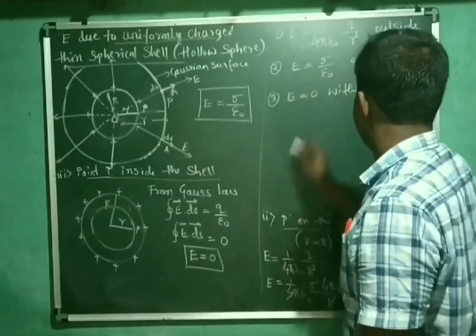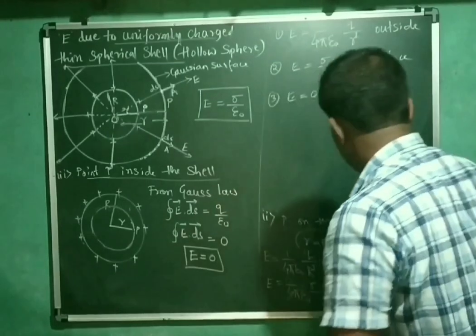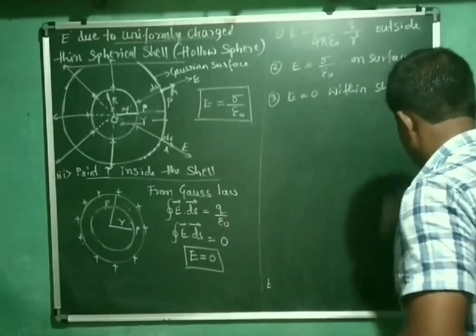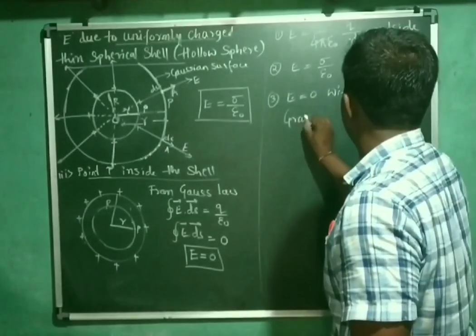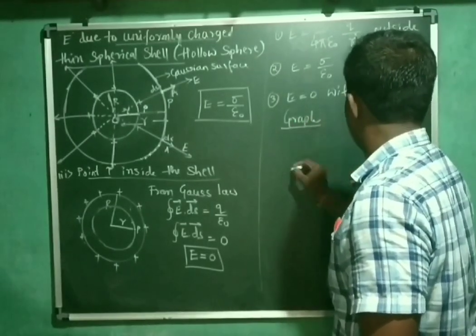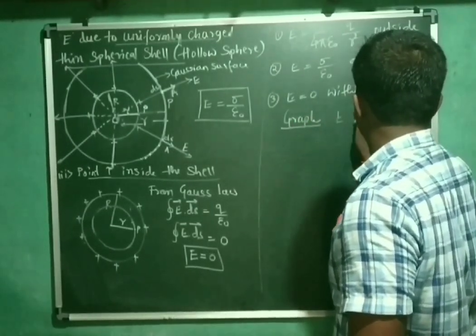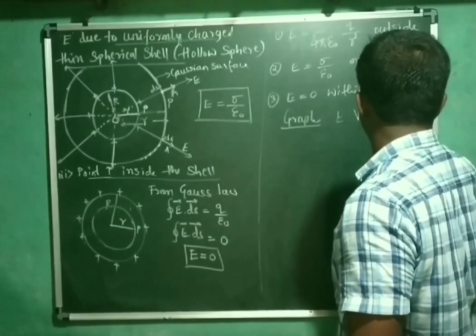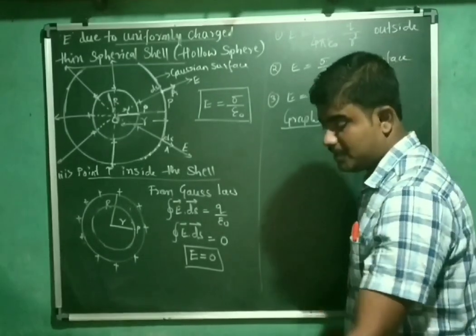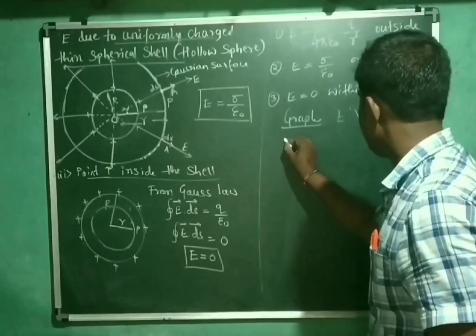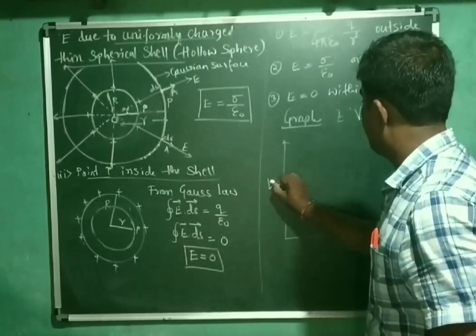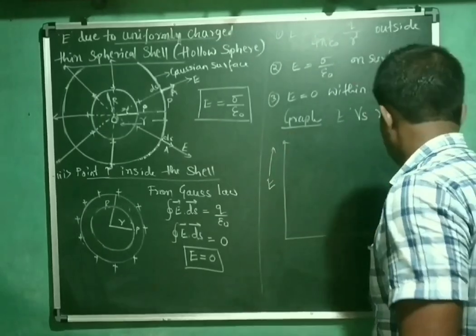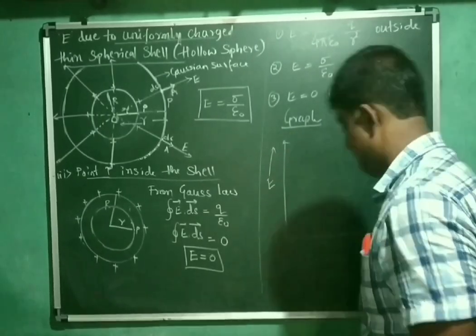See here. Graph: electric field intensity versus R. It means electric field intensity with distance. This is electric field intensity and this is distance.